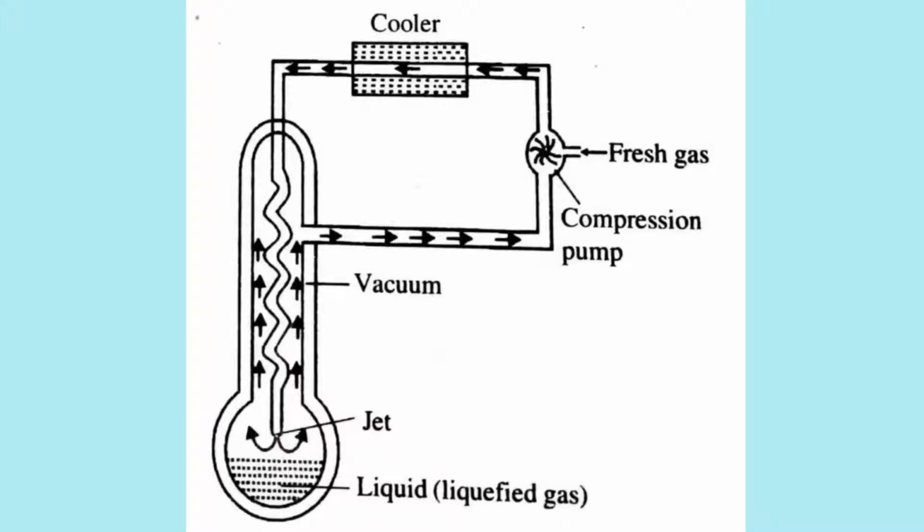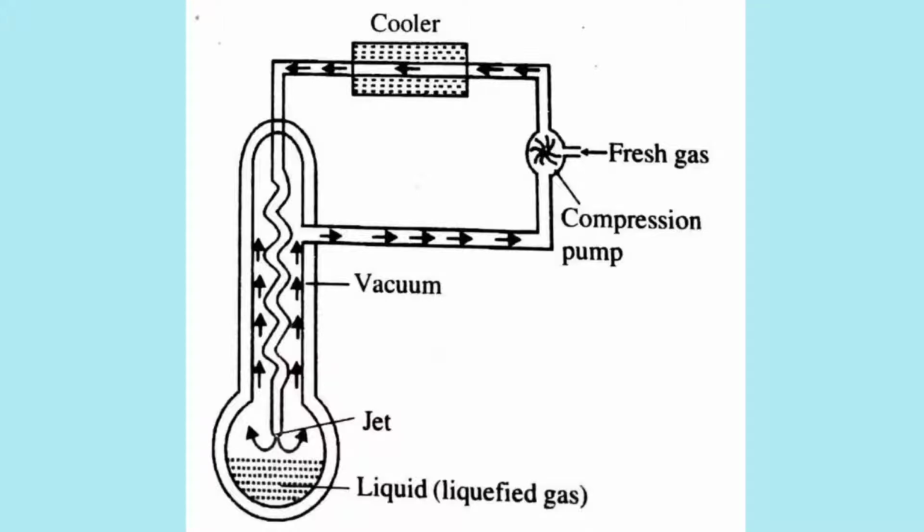Let us see Linde's process that is used for the liquefaction of gases. Here we can see the apparatus used in Linde's process: a compression pump, a cooler, a vacuum and a jet.